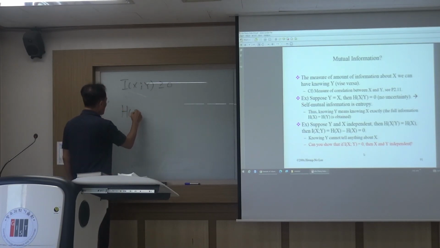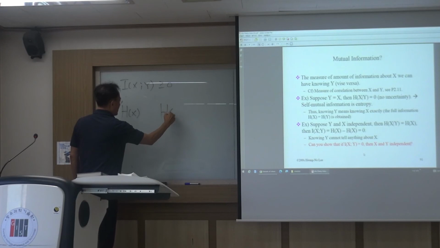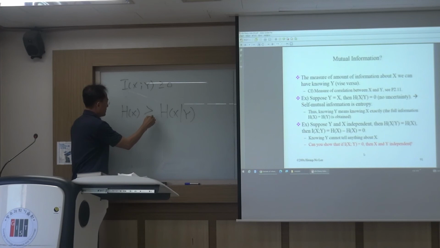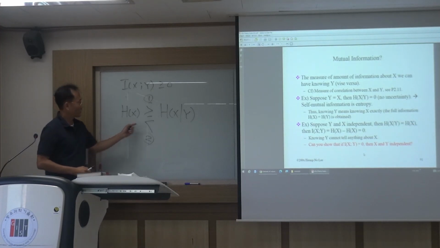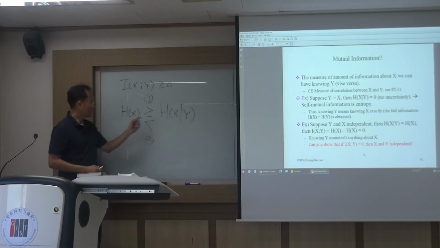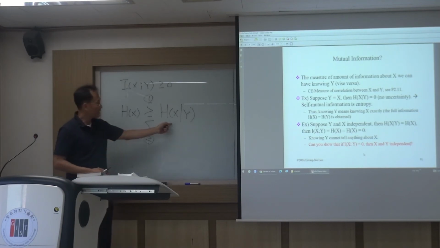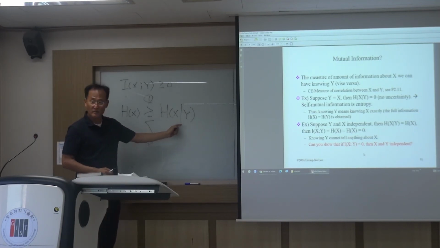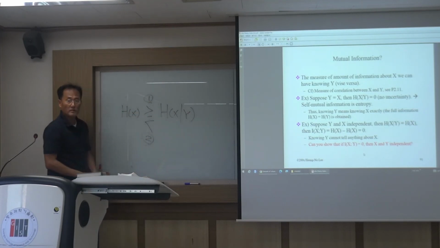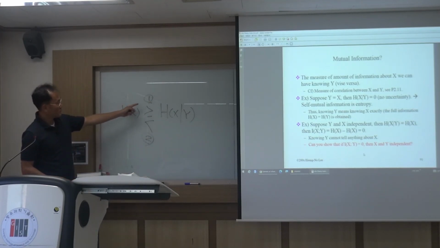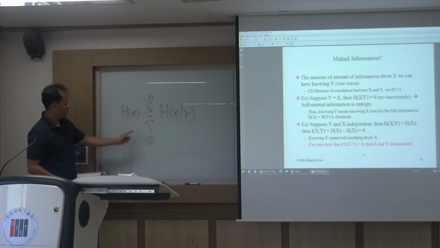Now I'm asking you, number 1 or 2? This is the uncertainty of X, and this is the uncertainty of X given Y. So this is nothing else is given. In general, can you say number 1 is right or number 2 is right?